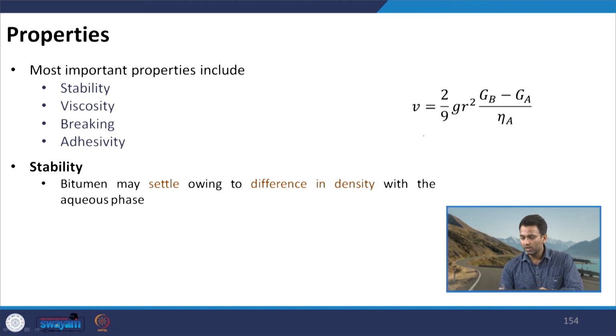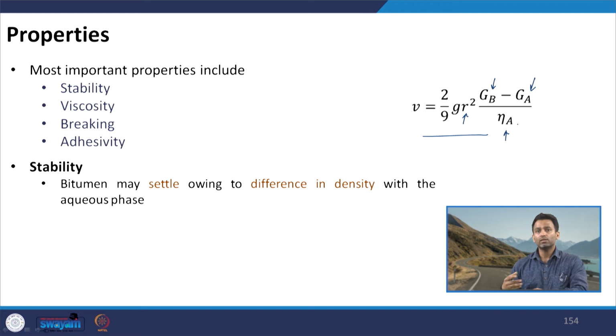I hope this equation is very common, where r represents the radius of the particle which is settling down, Gb is the specific gravity of the dispersed phase, here it is bitumen, Ga is the specific gravity of the aqueous phase, and eta A is the viscosity of the aqueous phase.